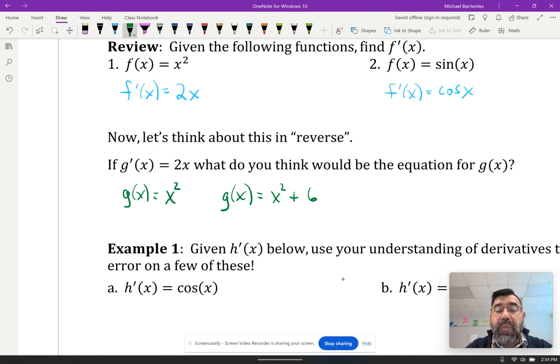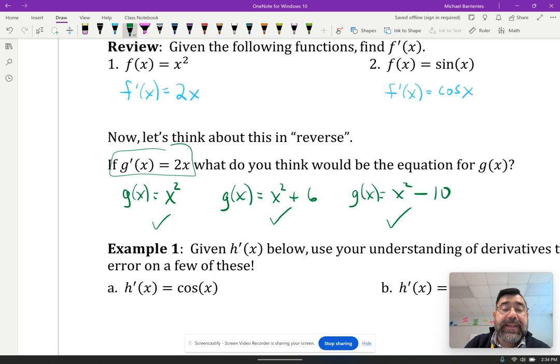Or, what if I subtract 10? The reality is that if I add or subtract any constant to the main function, x squared, I can produce another function whose derivative is the same. So all of these have the same derivative, and the derivative is that.